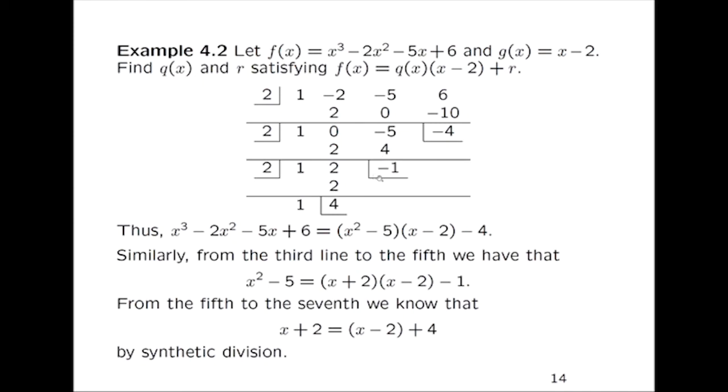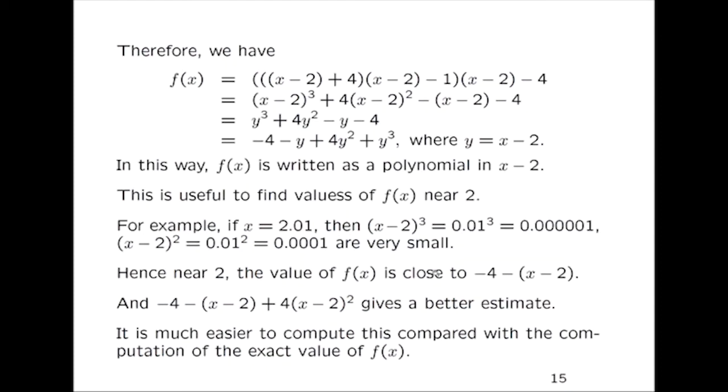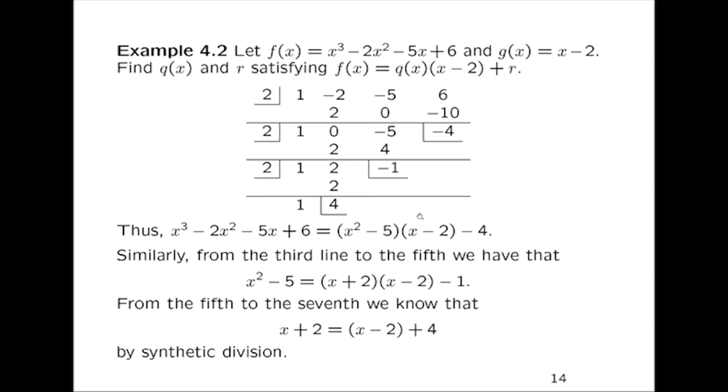That means I'm dividing x squared minus 5 by x minus 2. Then the quotient is x plus 2 and the remainder is negative 1. So I get quotient to be equal to x plus 2 starting from x squared minus 5, and the remainder is negative 1.